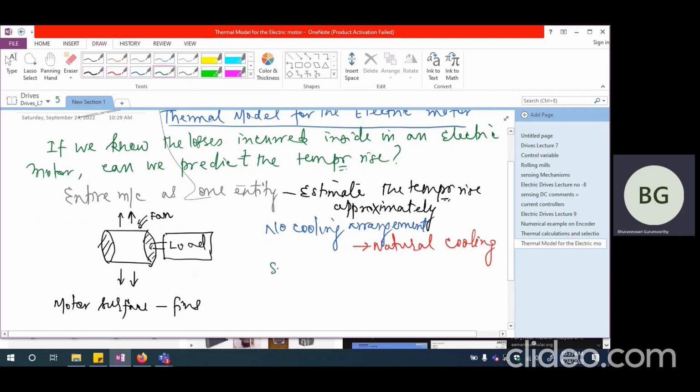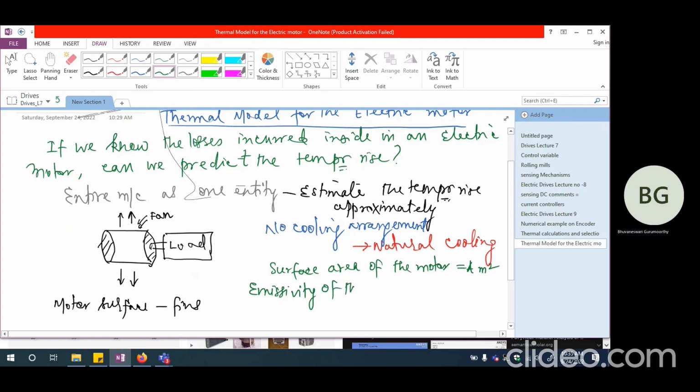Okay, so let us first of all look at various parameters that we are going to consider for the motor. Let us say the surface area of the motor, inclusive of fins and everything, is A meter square. That is going to be the surface area. And let us say the emissivity of the material used on the surface, let's call that lambda.